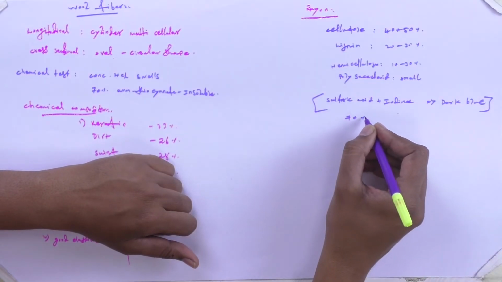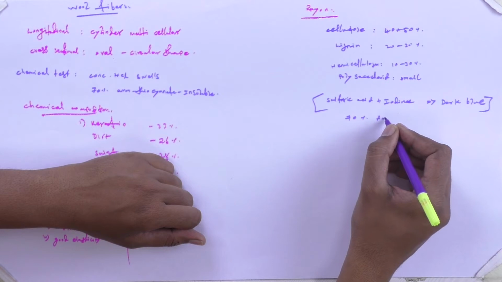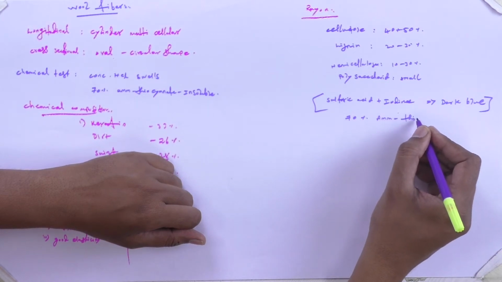Suppose you have a rayon fiber, just immerse it into the sulfuric acid plus iodine solution. If it gives a dark blue color, it is definitely rayon fiber, and it is also not soluble in 70% ammonium thiocyanate.